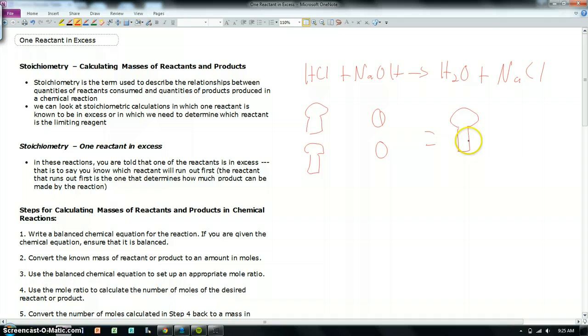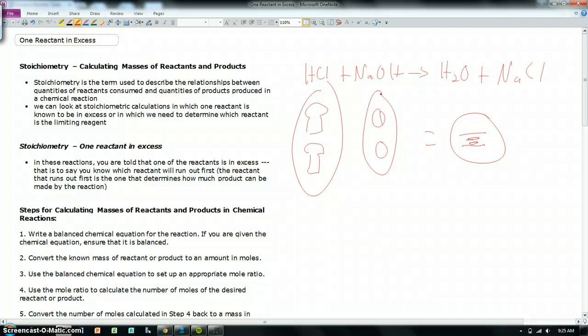So it looks like a mushroom. Anyway, apologize for my art. So you end up with your sandwich. The important part of all of this is that we can predict how many sandwiches we can make as long as we know how many pieces of bread we have and how many pieces of bologna.